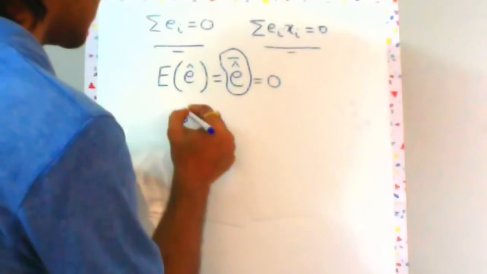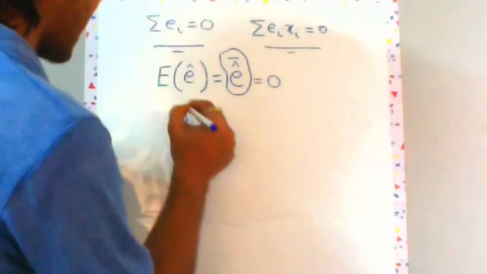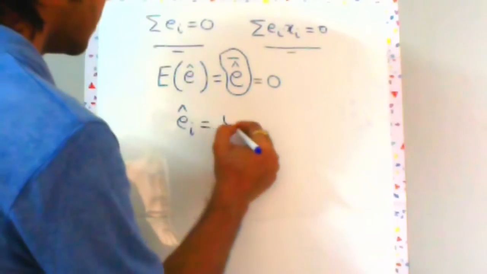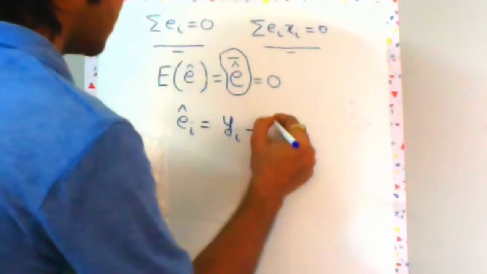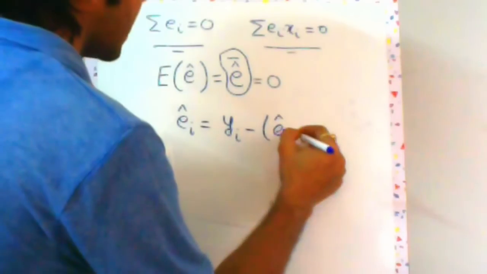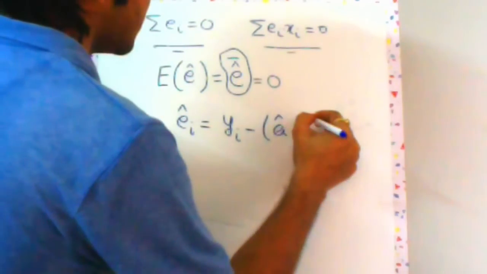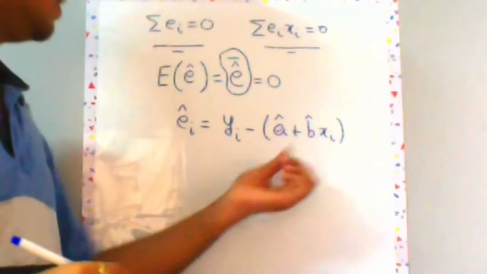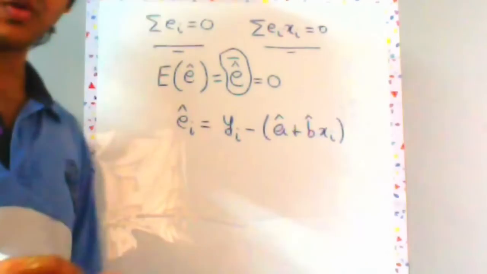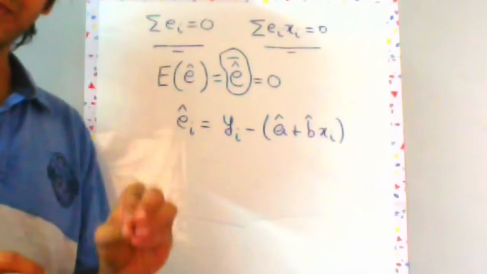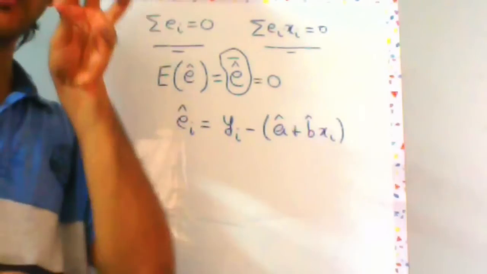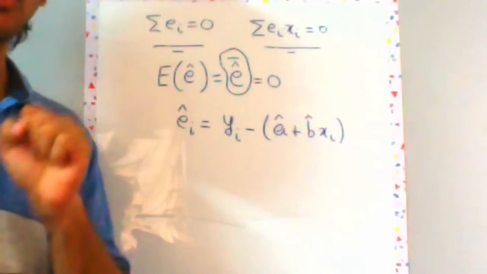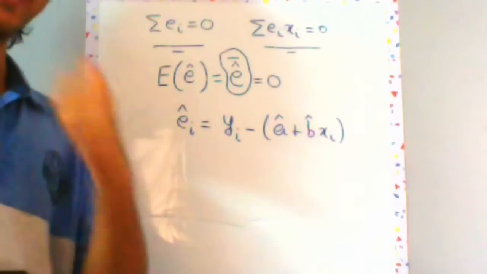Estimated residuals ei hat will be equal to yi minus (a hat plus b hat xi). I have used hat throughout. Reason being, the moment you estimate the values of a and b, they no longer remain a and b, they become a hat, b hat.